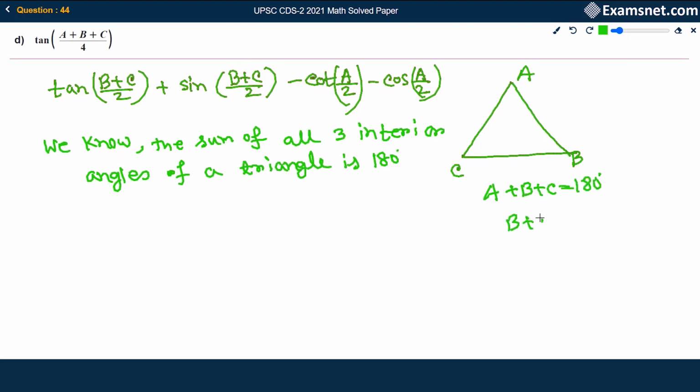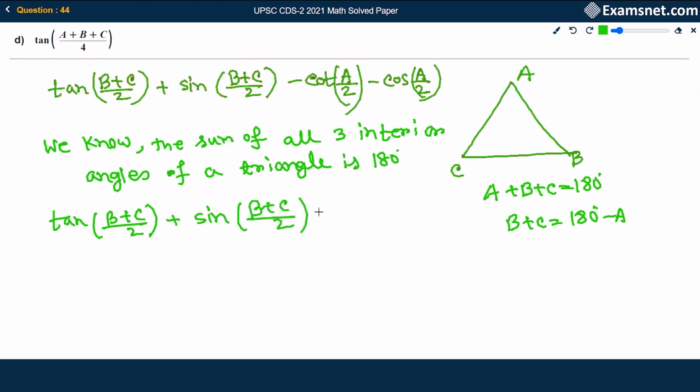That means B plus C can be written as 180 degree minus A. So let me again write the given expression: tan of (B plus C) by 2 plus sine (B plus C) by 2 minus cot A by 2 minus cos A by 2.